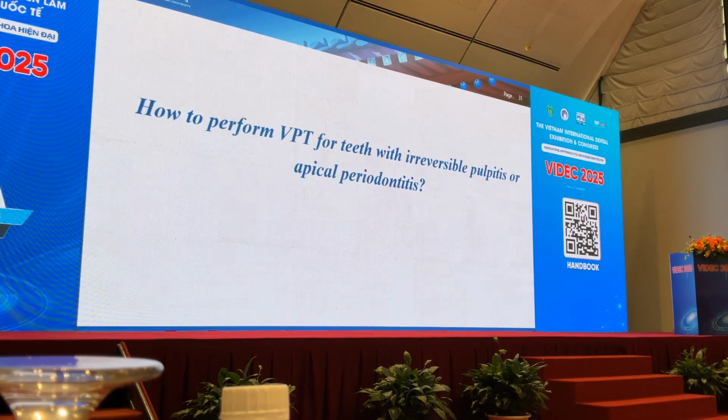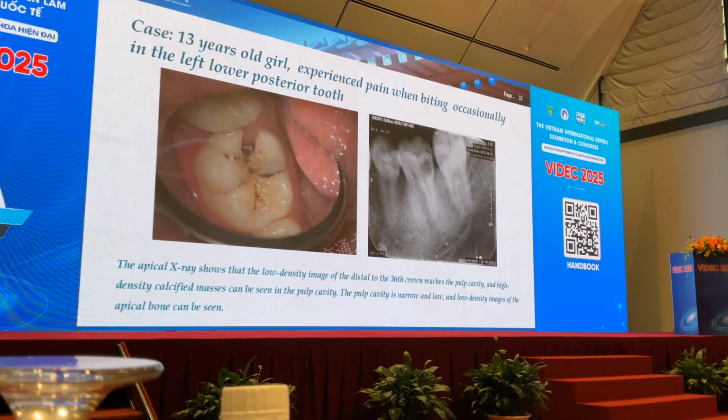Then the next question is how to perform vital pulp therapy for teeth with irreversible pulpitis or apical periodontitis. How to perform? Actually, this is the most frequent question asked when I give lectures in China. How to do? When a patient comes to your clinic, of course, we should do the diagnosis first, right?